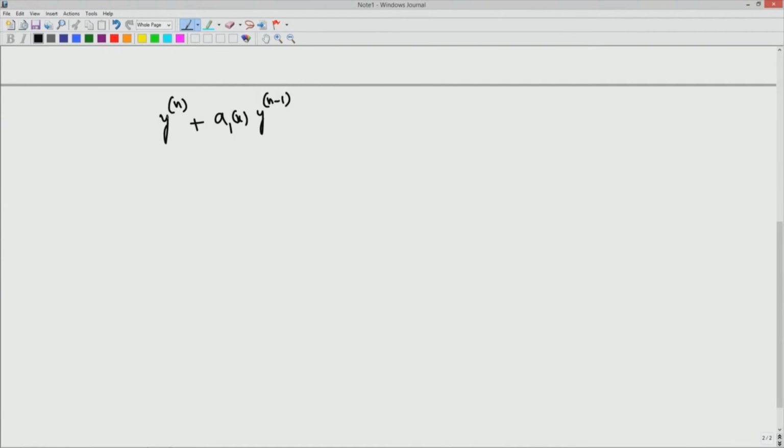If I write y with superscript in brackets, that means d^n y by dx^n, the nth derivative of y. Then a2(x) y^(n minus 2), like that up to an(x) y equal to 0. So this is your nth order linear equation, with coefficients varying as functions.